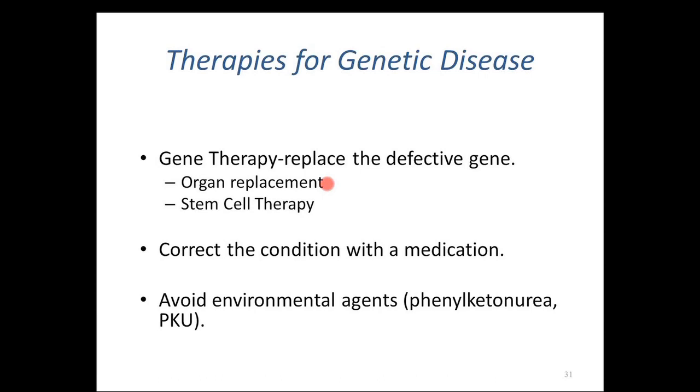But one thing interesting about the liver is that it does regenerate, so it's not inconceivable that down the road we won't necessarily be transplanting the liver, but we might be able to replace or remove part of the liver and have it regenerate with a liver that had the intact PXE gene. And then stem cell therapy is another idea, or a variant of that.